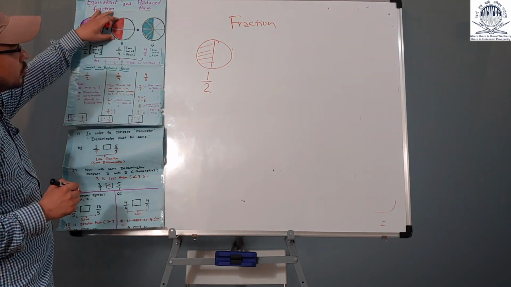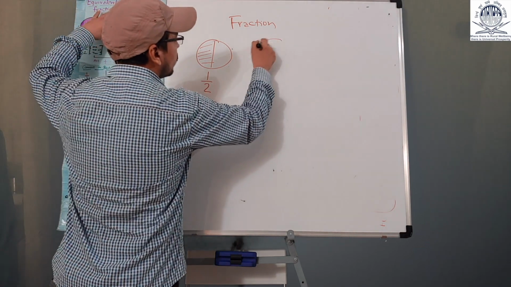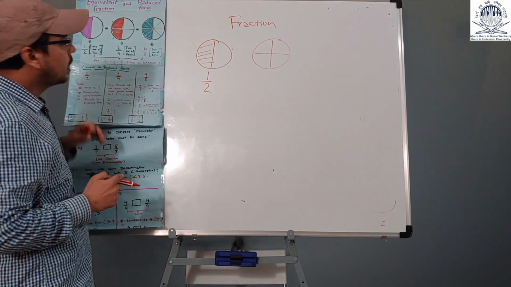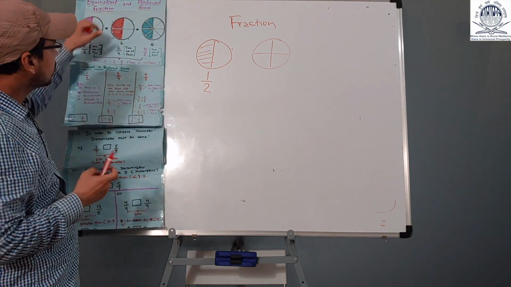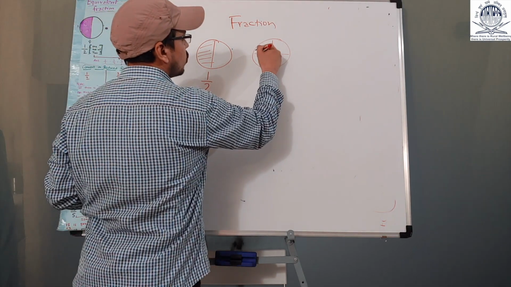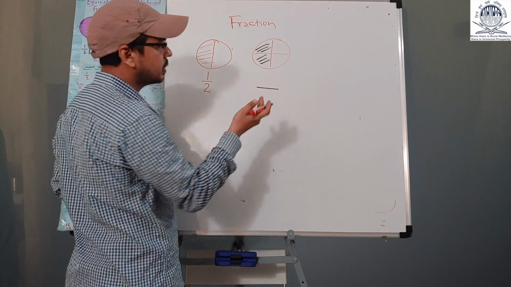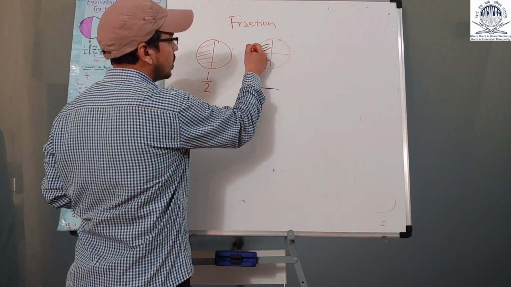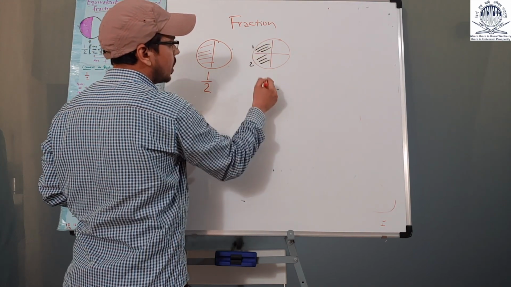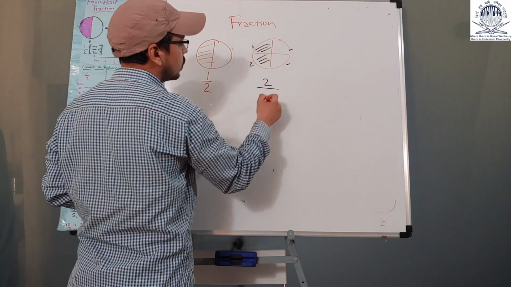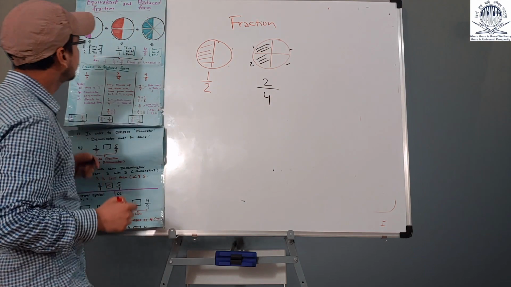And the second, if you look carefully, we are dividing it into 4 equal parts, and now they are selecting 2 parts out of them. So the selected portion, as we said in a fraction, will come above. So I write 2 over here and a total of 4: 1, 2, 3, 4. So the total portion I write over here.